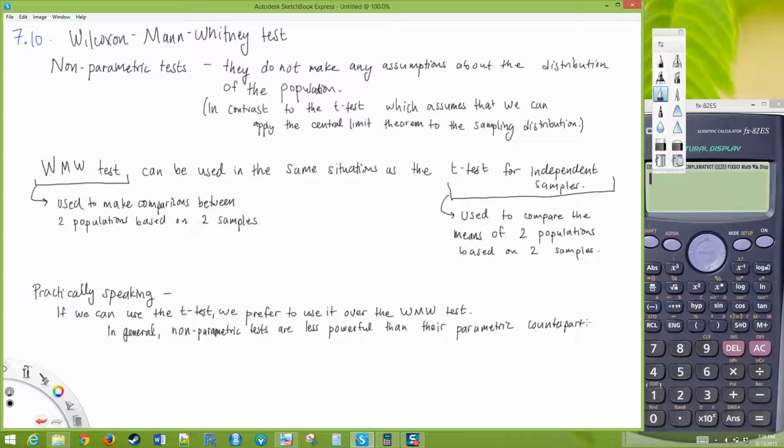Do you remember what it means, the power of a test? 1 minus beta? Yeah, okay, so 1 minus beta is the power of the test, but what does that signify?